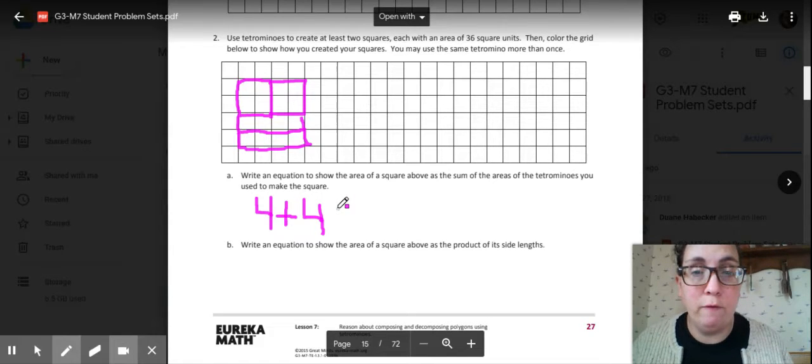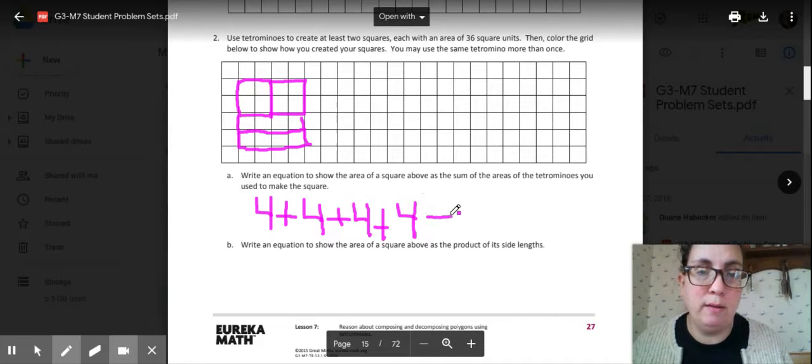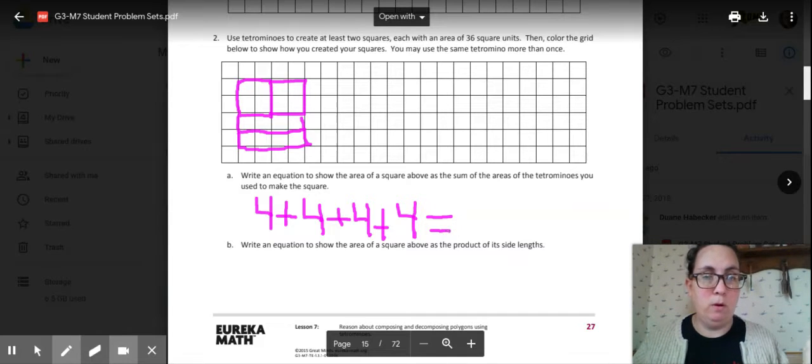So since they're all 4, I'm going to add those 4s 4 times because I had 4, 1, 2, 3, 4, and I had it 4 times. When I add all those 4s together, what would I get? What is 4 plus 4 plus 4 plus 4?